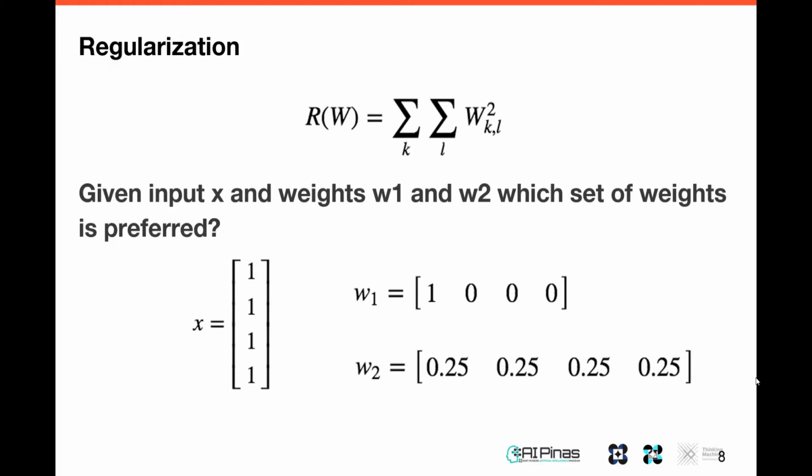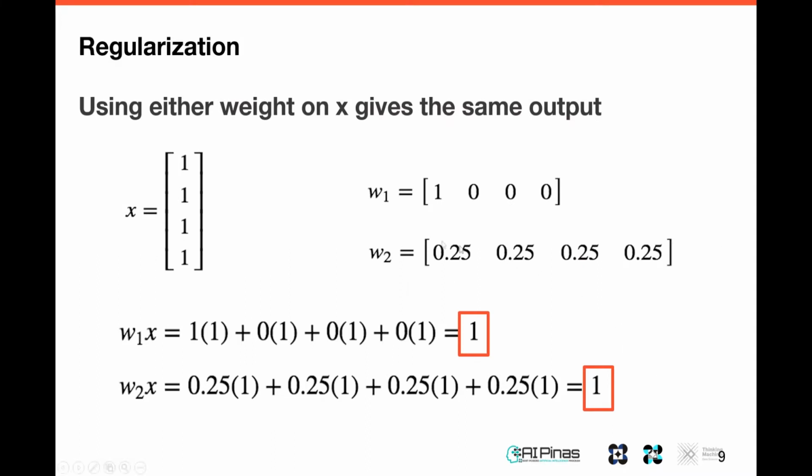Assume 2 matrices, W1, which has values 1, 0, 0, 0, and W2, which has values 0.25, 0.25, 0.25, 0.25. All else being the same, which set of weights would be preferred? Put me on pause, think about it for a second.